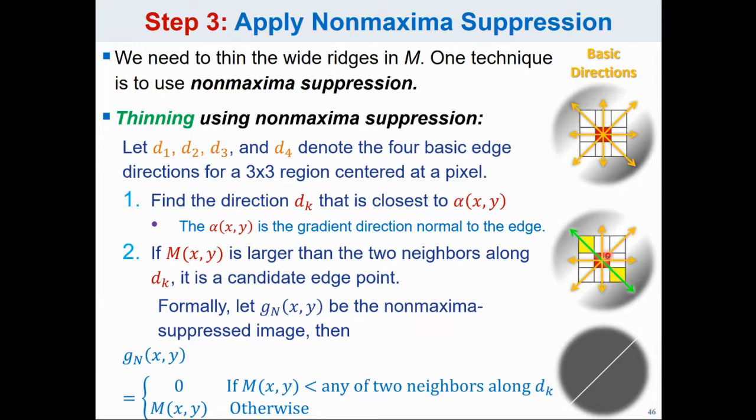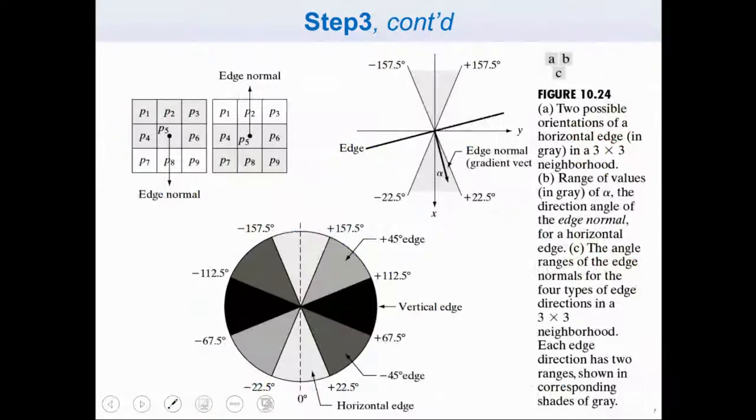If it finds that one of them is greater than this pixel, then this pixel value is set to 0. Okay. Let's look at an example over here. Let's say there is an edge. This edge can be because there are some dark pixels here and some light pixels here, or vice versa, some light and then some dark.